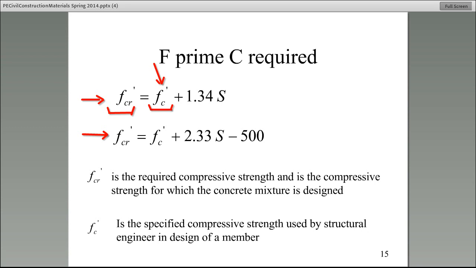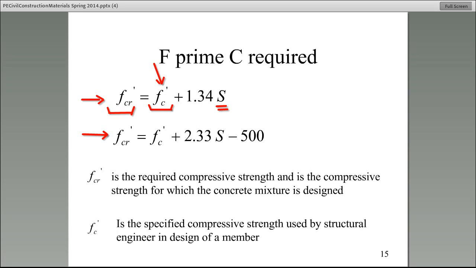In this equation, what's S? Who could guess what S might be? Standard deviation. Mary is telling me S is standard deviation, so is Amanda and Donald. You're correct.